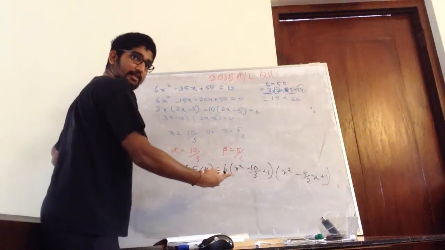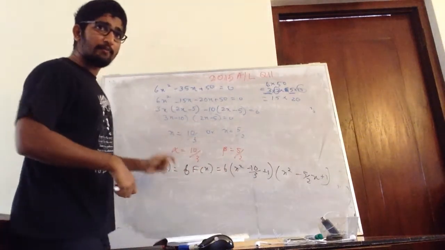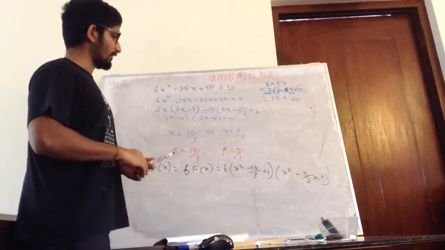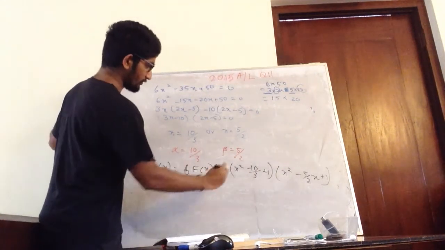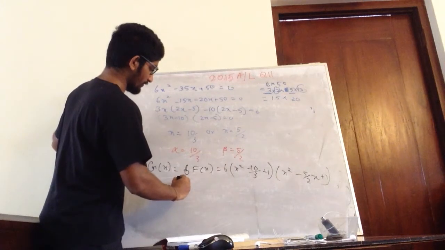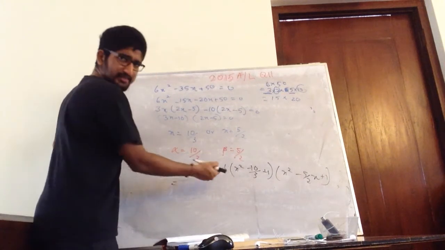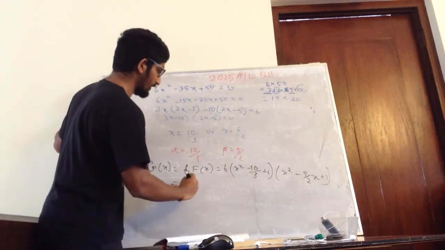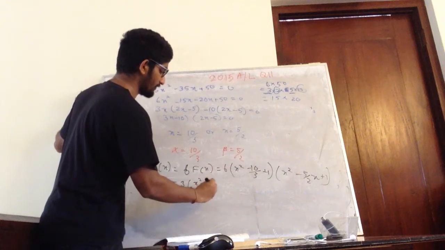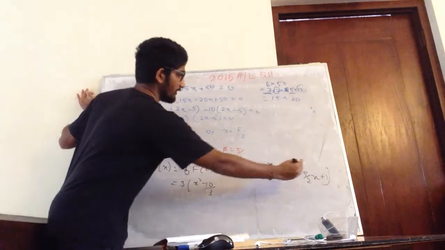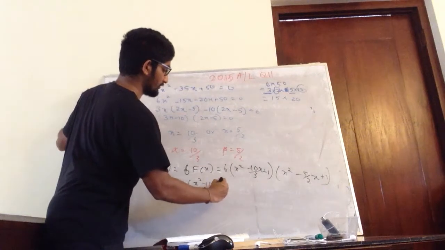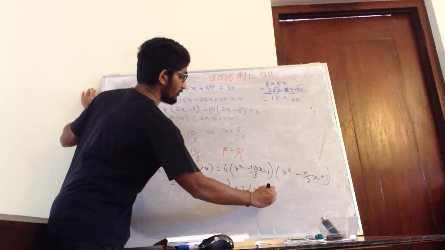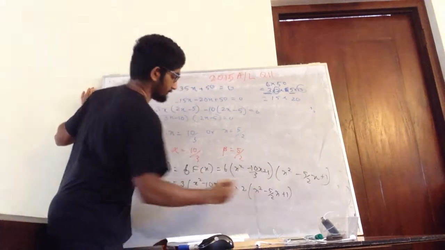Right, so what I need now is to find the factors of these. So let's do that as well. So I'm going to break this 6 into 3 and 2. 3 times (x squared minus 10 over 3 x plus 1), times 2 times (x squared minus 5 over 2 x plus 1).